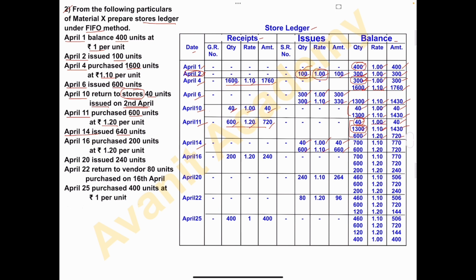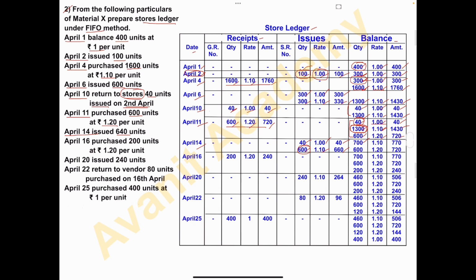Now we'll write the balance. This 40 units, it is fully issued. And from this 1300 units, how many units we have issued? 600. From this 1300, just now we have issued 600 units. So how many units are left? 700 units. From this 1300 minus 600, the remaining balance is 700.